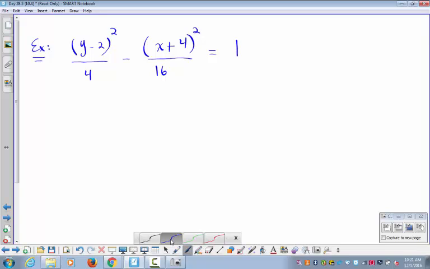So graph that, which means find the center, find the asymptotes, find the foci, all that stuff. Grab a couple of other ones to round them out.